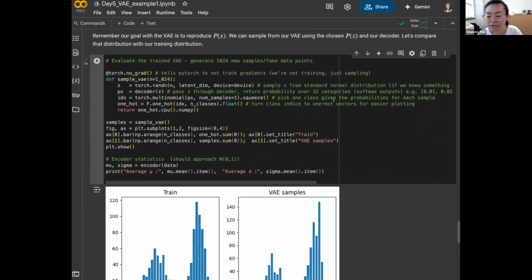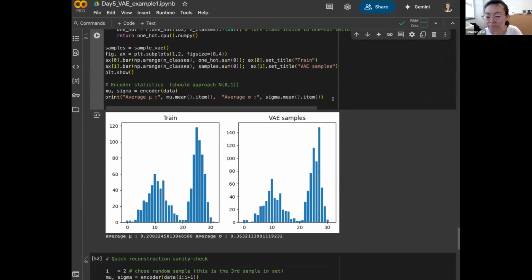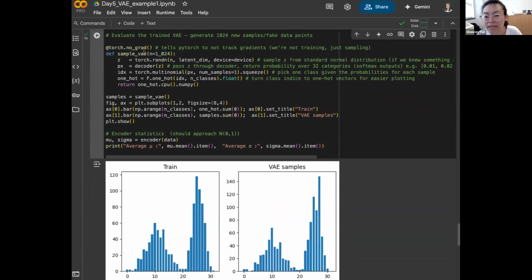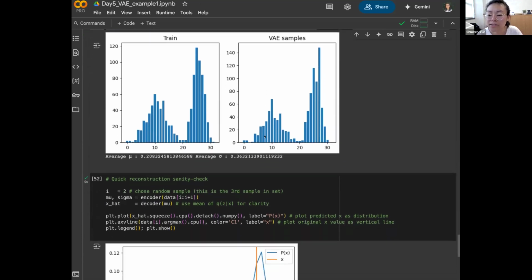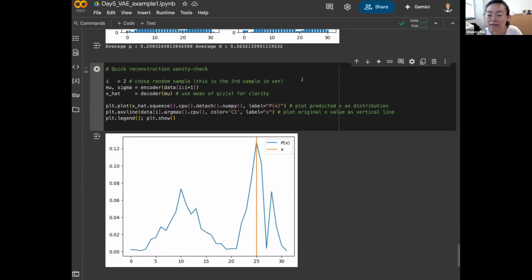Then we can evaluate that distribution again. It's still fairly similar to what was in the training set. This is again just sampling 1024 different data points. Maybe the shape gets a little bit noisier compared to before, but altogether pretty good. Then we can do reconstruction again, and now we're pretty much spot on.